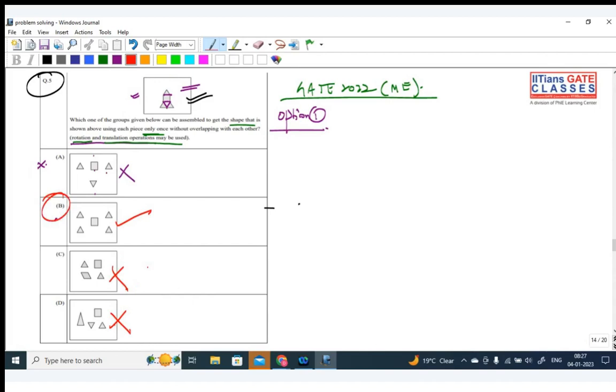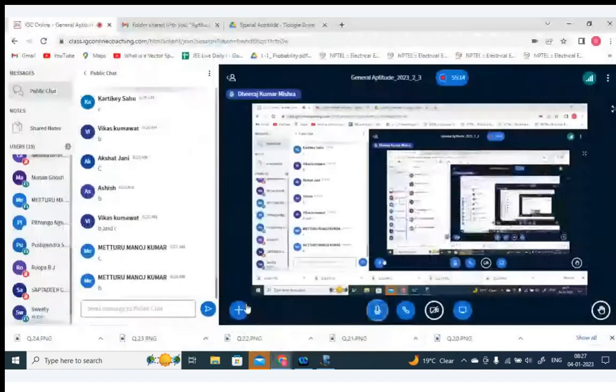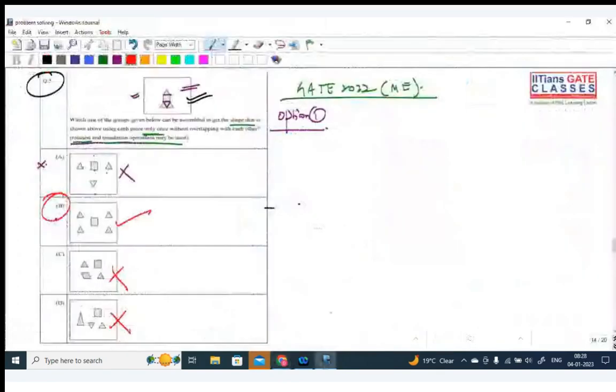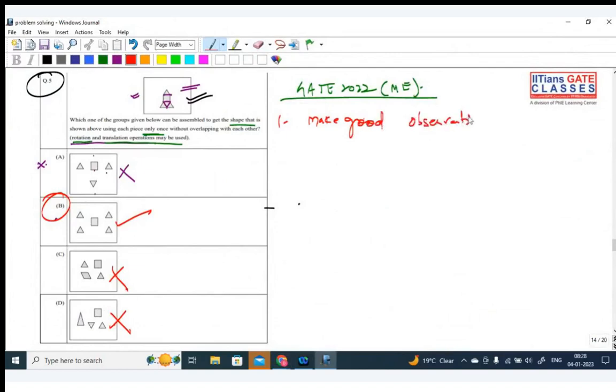Okay. How many of you understood this question? How to solve? Yes. So that is from the observation, right? So make good observation. Okay. So how many triangles you need to construct bottom part and top part?